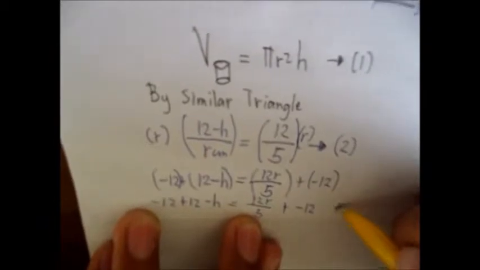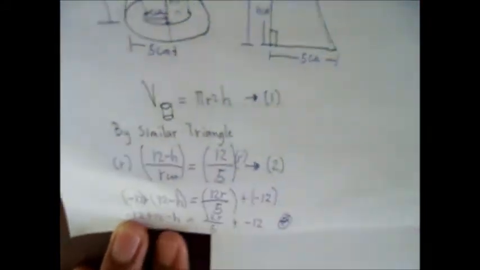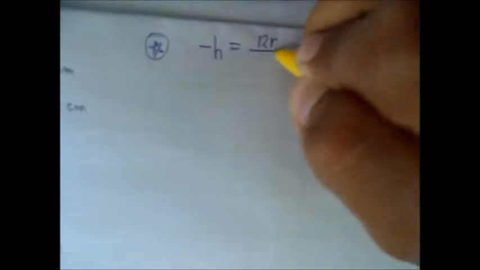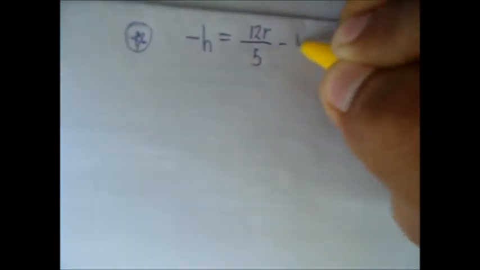So we have here the continuation. Negative 12 plus 12 is equal to 0, so the remaining is negative h equal to 12r over 5 minus 12.